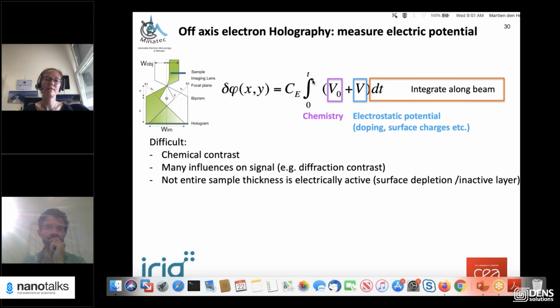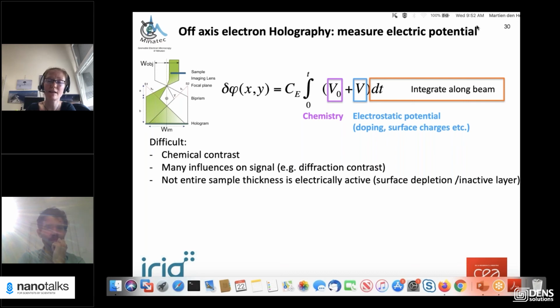Here we write an integral because you integrate, but if you don't have any changes in your potential, you can just write it as your delta potential times your thickness, basically. So yes, there is definitely an influence.